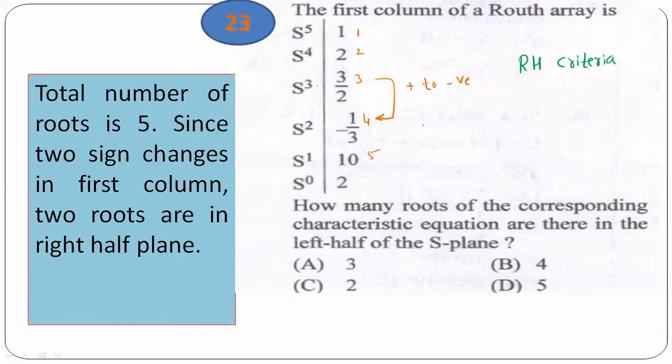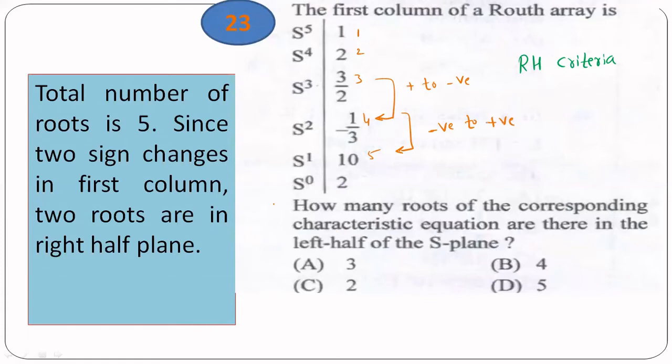So this is the first sign change, and from here to here, the sign changes from negative to positive. So as we know there are 5 roots, out of which there are 2 sign changes.